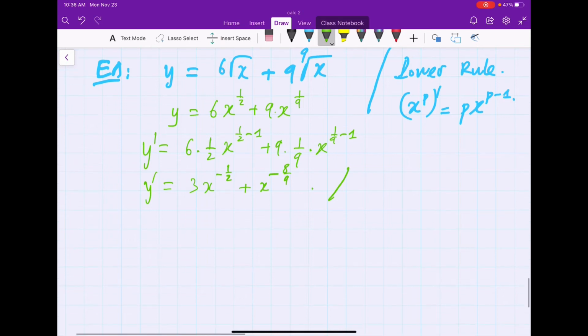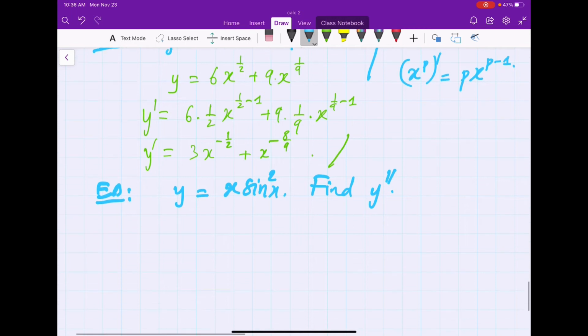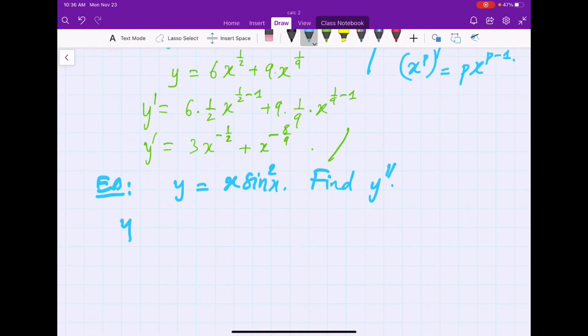Now let's find the second derivative of the following one: y equal to x sine squared x. So you need to differentiate twice, right? The first derivative equal to sine squared x plus x times the derivative of sine squared. For that, we need to use the chain rule.